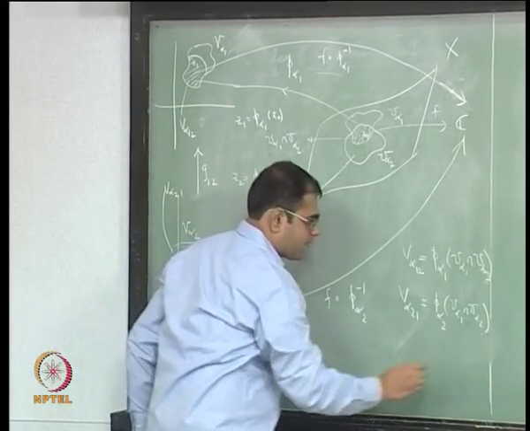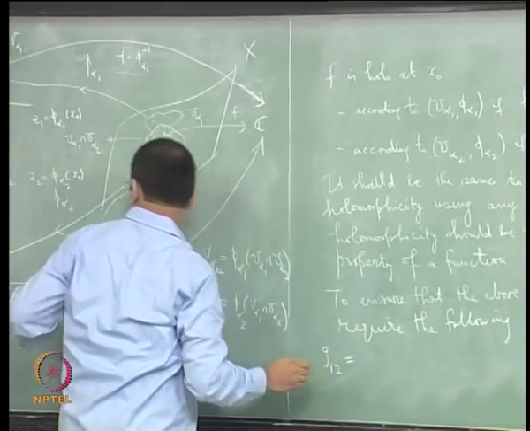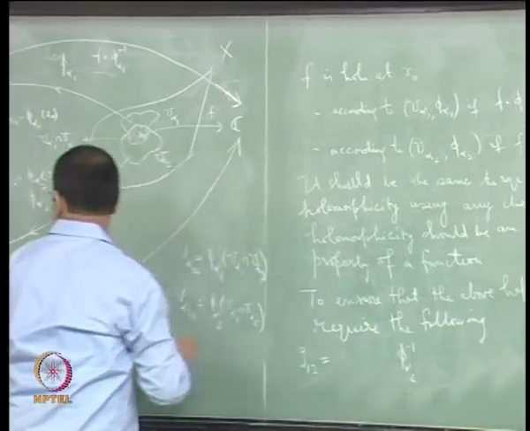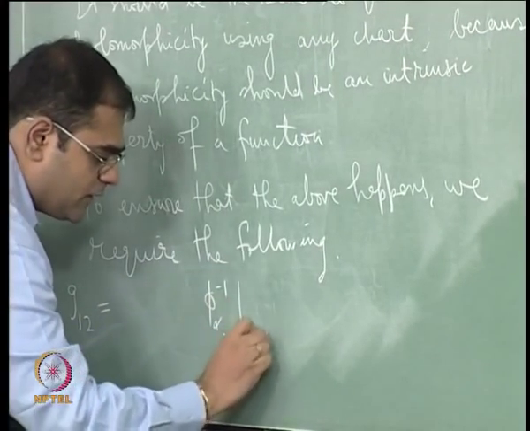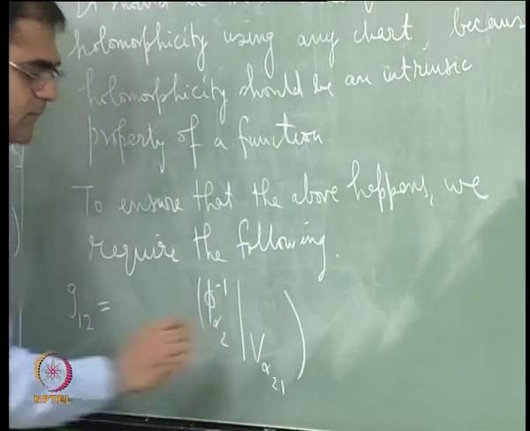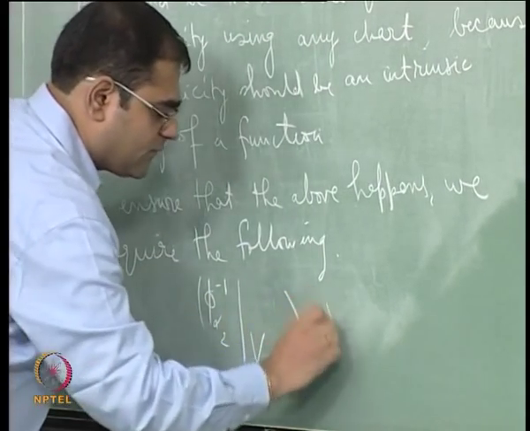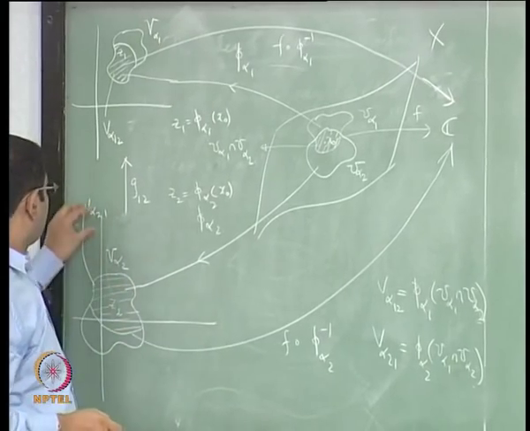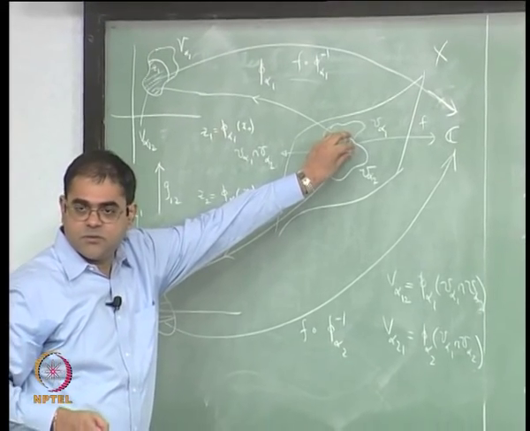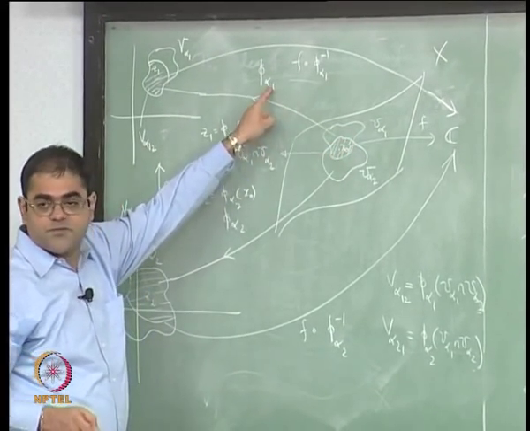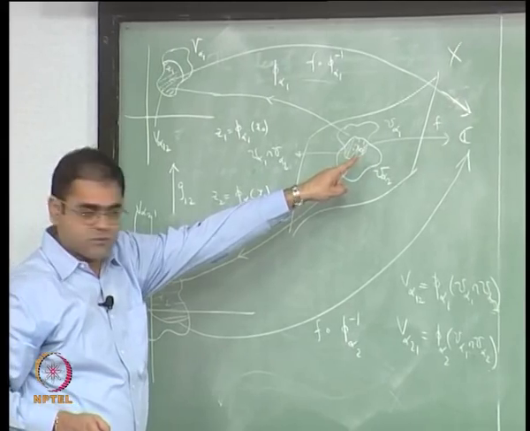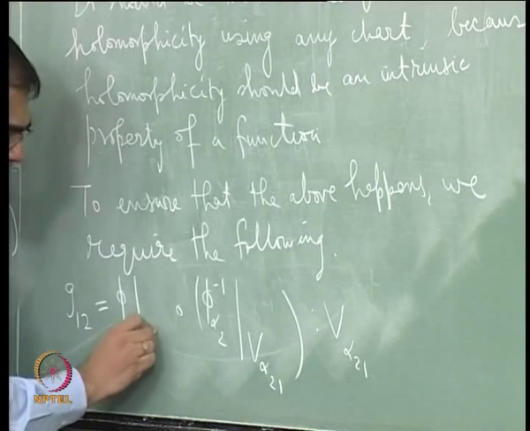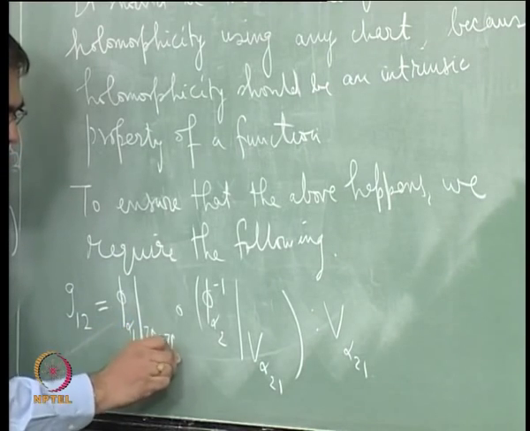G12 is: first apply phi alpha 2 inverse restricted to V alpha 2 1. That will take V alpha 2 1 homeomorphically onto U alpha 1 intersection U alpha 2, and then I will compose this with phi alpha 1 restricted to U alpha 1 intersection U alpha 2.